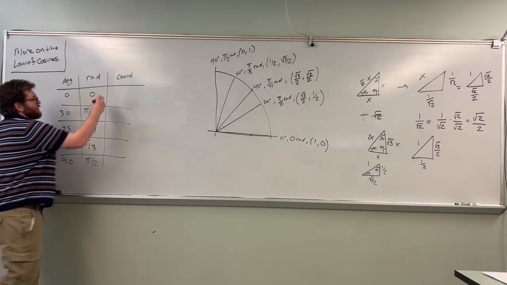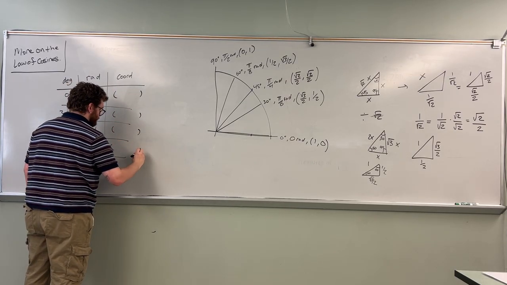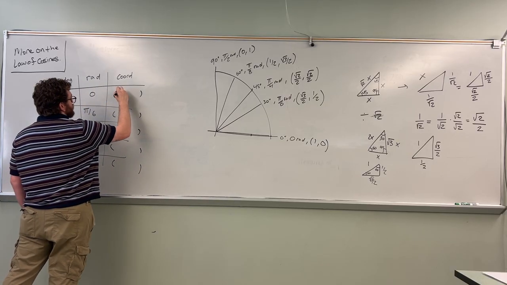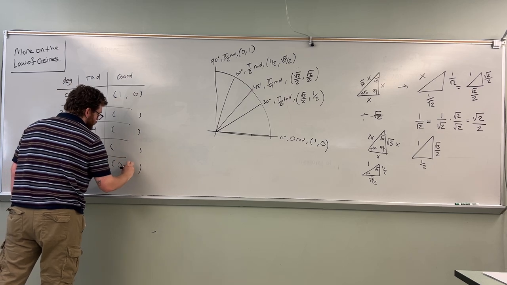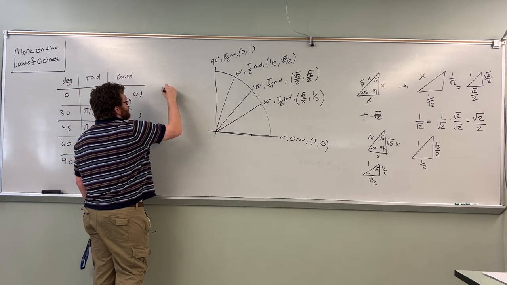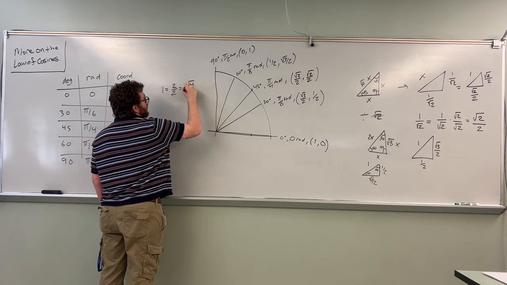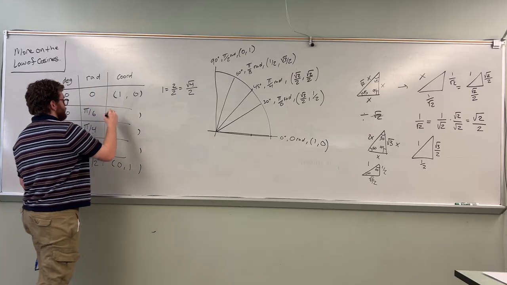Then my coordinates are pretty simple once I figure out the pattern. My x is 1, 0. Y, I flip that down to 0, 1. 1 is equal to 2 over 2, which is the square root of 4 over 2. I'm then just going to go down.